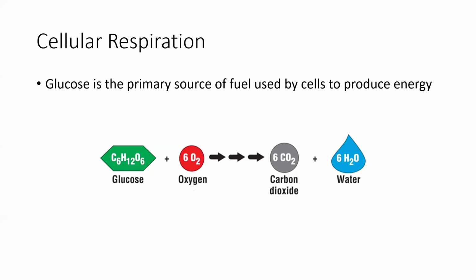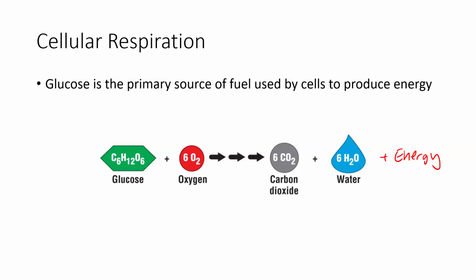More importantly, from this process, you produce energy. This energy powers everything that's happening in the body: breathing, the beating of the heart, moving the muscles. All those things require energy.